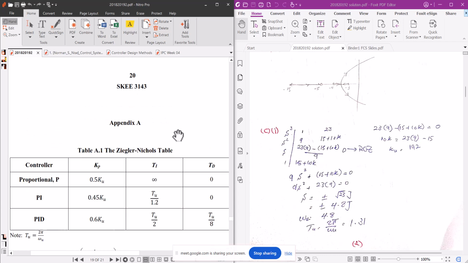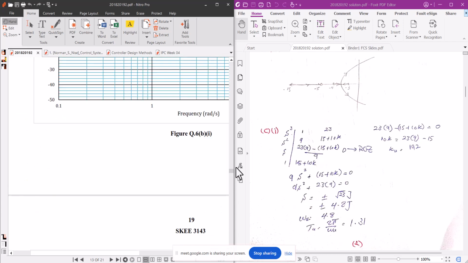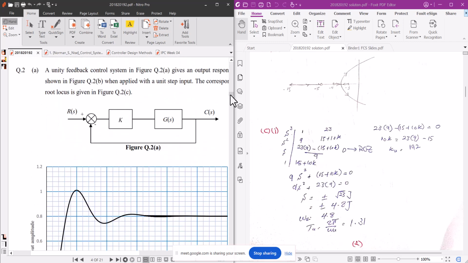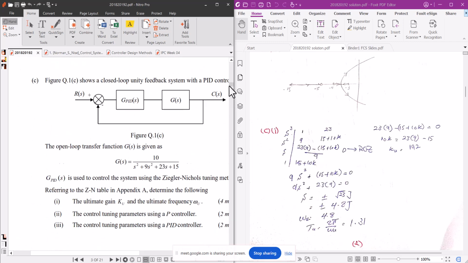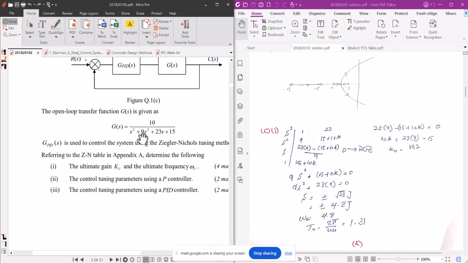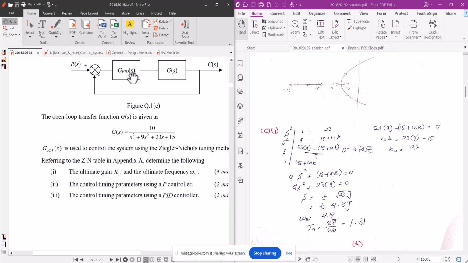So coming back to the question, this is 10 over s cubed plus 9s squared plus 23s plus 15, and this is your K. So first we will make a unity closed loop transfer function.